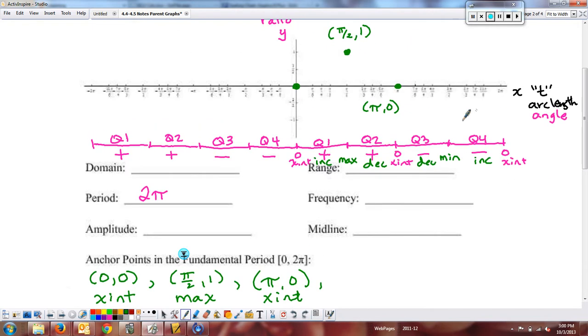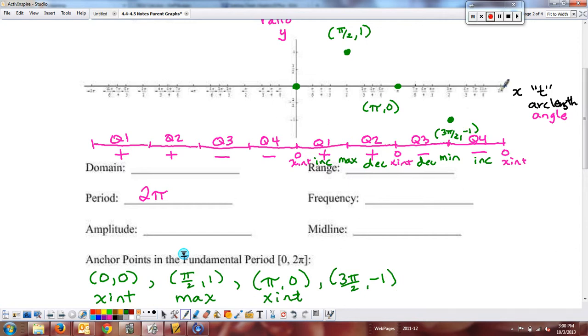All right, and then we're going to keep going. We're going to decrease through this quadrant, and then I get to that min value, and I'm going to consider that to be a special point. So I'm going to plot that. Its coordinates: 3 pi over 2, -1. So let's add 3 pi over 2, -1 to my list.